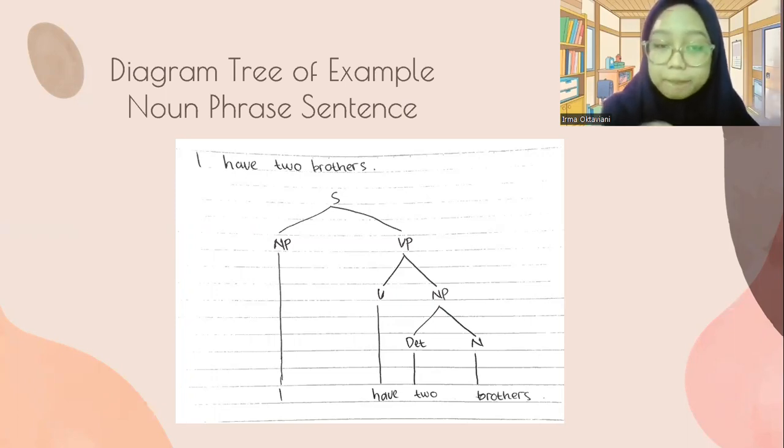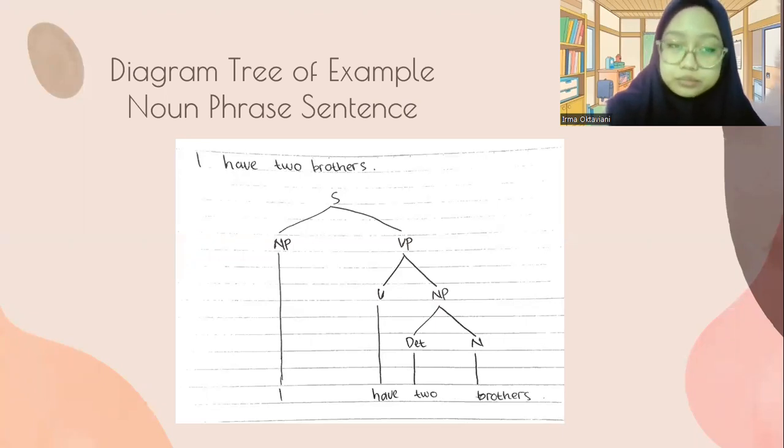The NP is for the word I. And then the VP has a V and NP. V is verb and NP is noun phrase. And then the noun phrase has a determiner and noun. So the word I is NP, have is verb, two is determiner, and brothers is noun.